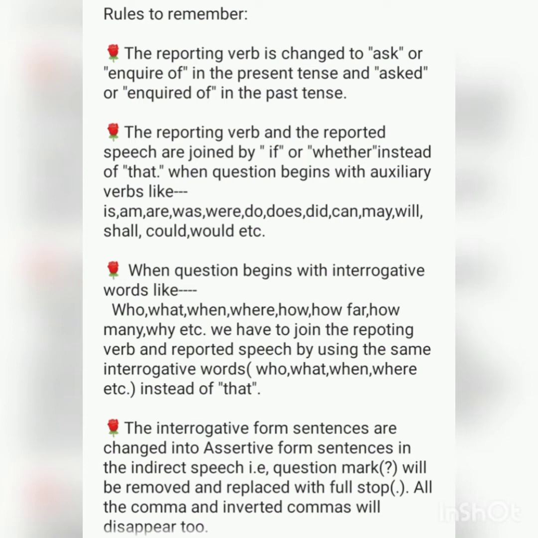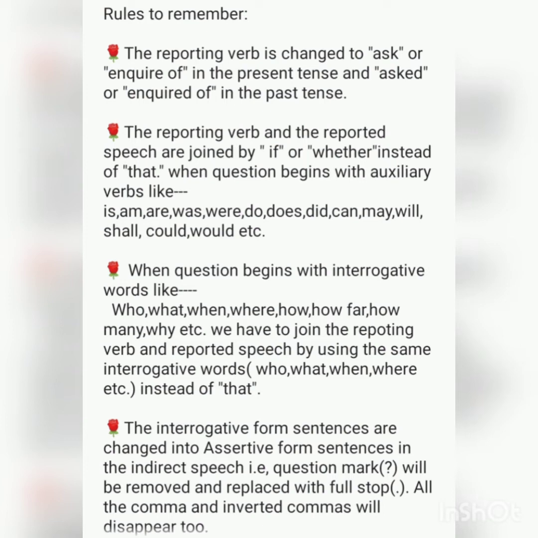would, etc. When the question begins with interrogative words like who, what, when, where, how far, how many, why, etc., we have to join the reporting verb and reported speech by using the same interrogative words, who, what, when, where, etc., instead of that.